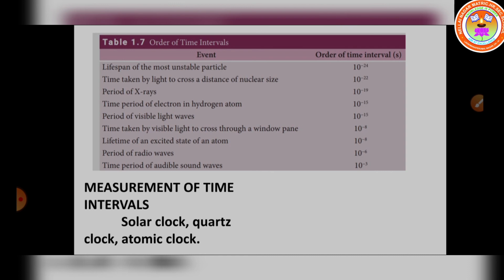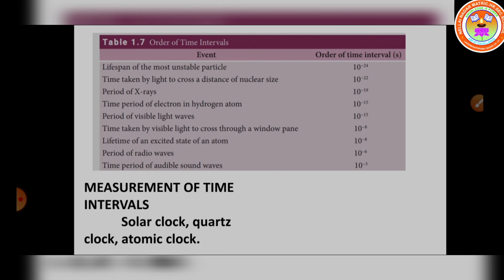A cesium 133 atom is used, isn't it? Some of the clocks developed later are electronic oscillators, solar clock, quartz crystal clock, atomic clock, decay of elementary particles, radioactive dating, etc. So some of the clocks were developed later.